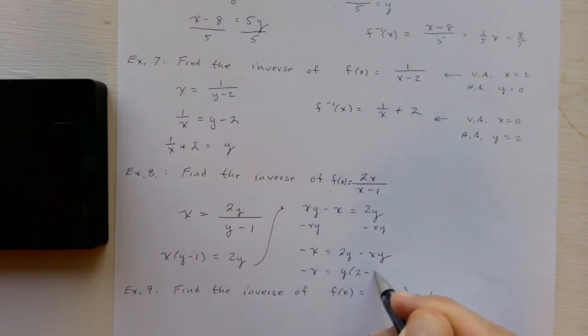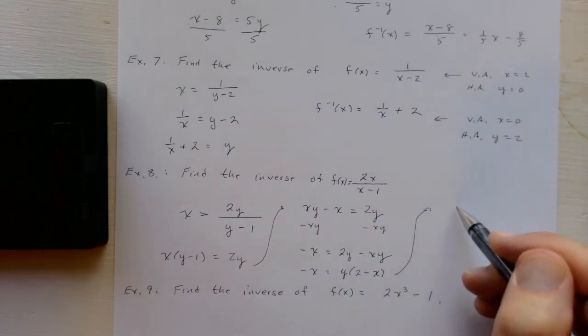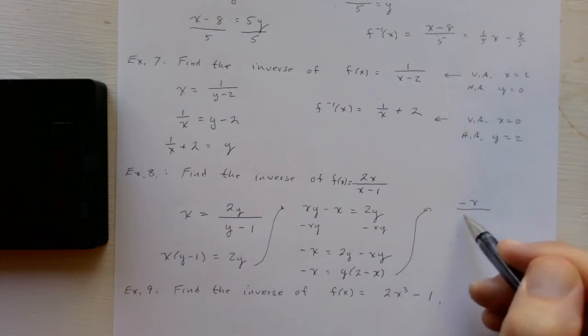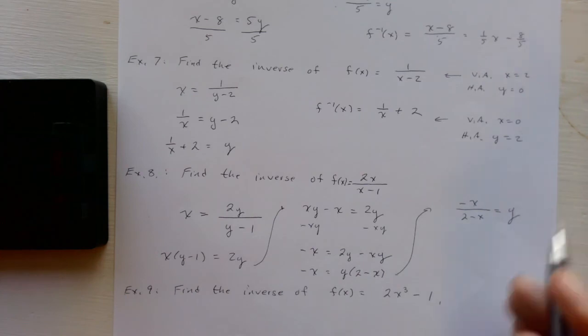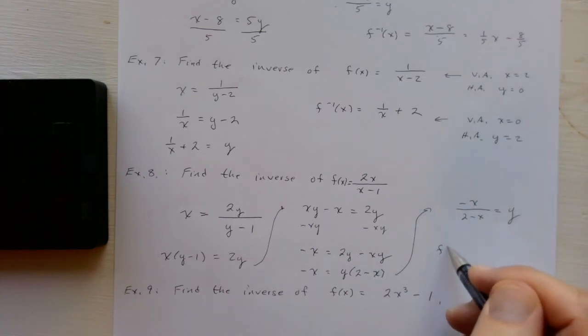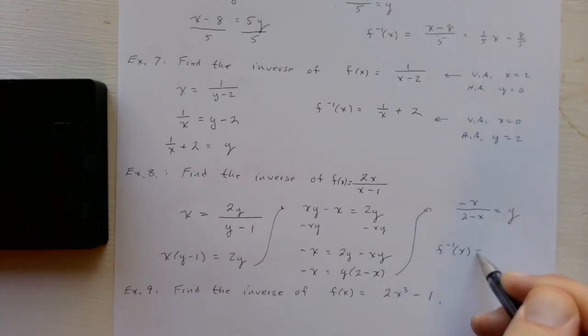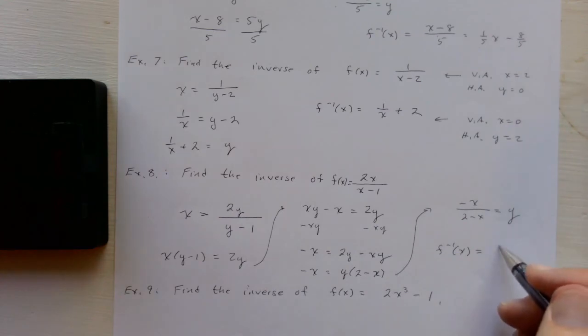We get y times 2 minus x. Then we divide both sides by 2 minus x. So we get minus x over 2 minus x equals y. So f inverse of x is equal to minus x over 2 minus x.